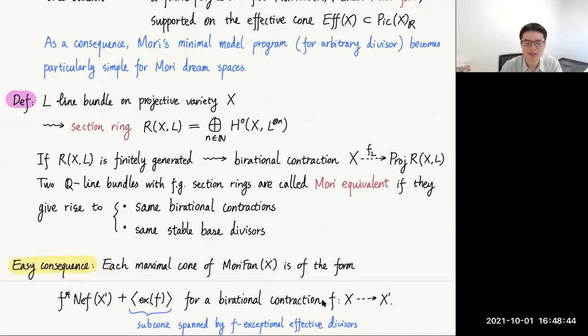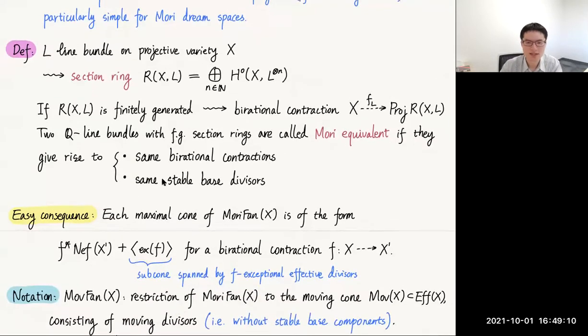So if we fix a contraction, we just take the pullback of all the nef divisors, and then we also include these exceptional divisors. It just follows from the definition.